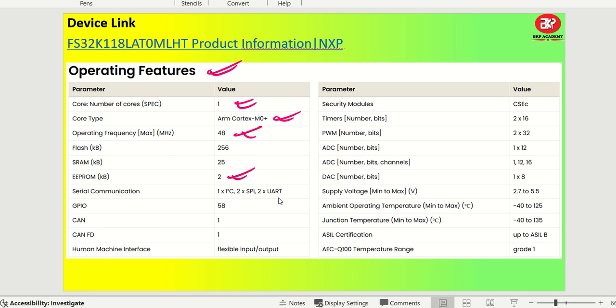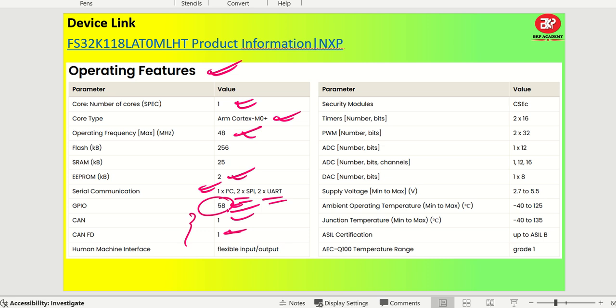Now for serial communication, one I2C is there, then 2 SPI, 2 UART. If you talk about GPIOs, we have a total of 58 GPIOs out of 64 pins. You can use 58 pins as GPIOs. We have one CAN, then we have one CAN FD, but any one of them can be used, not both together.